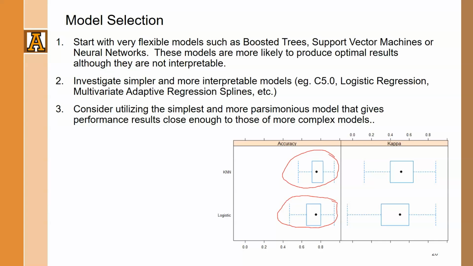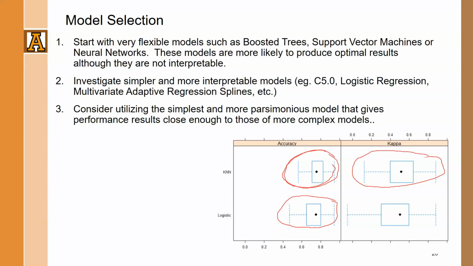That variability. In KNN, we have smaller variability for accuracy than in the kappa statistic. And the variability is almost the same in K nearest neighbor as in logistic regression.